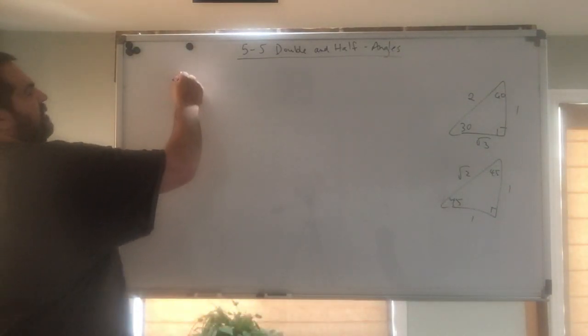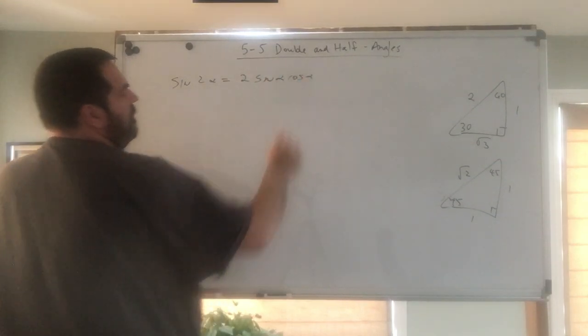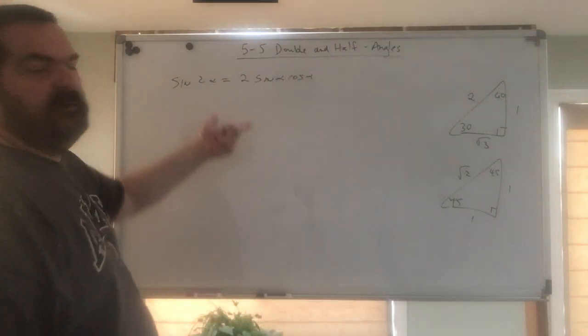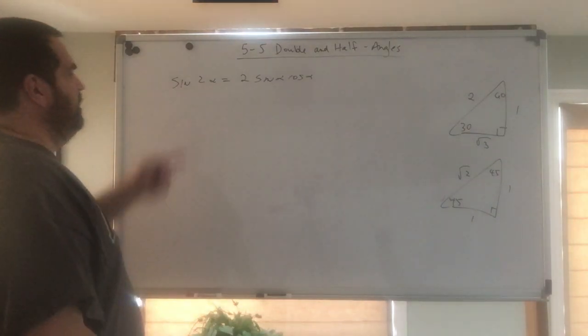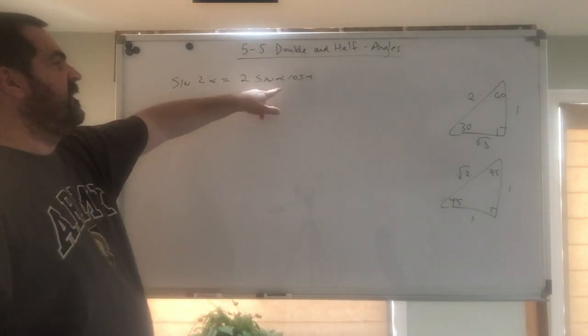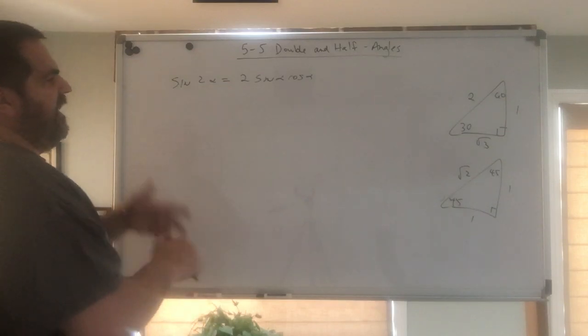And also, it doesn't have to be alpha. I mean, it could be beta, it could be theta, it could be some Greek letter. It could be triangle. Sine of 2 triangle is 2 sine triangle, cosine triangle. It doesn't matter. All right, so we don't use this to find it.